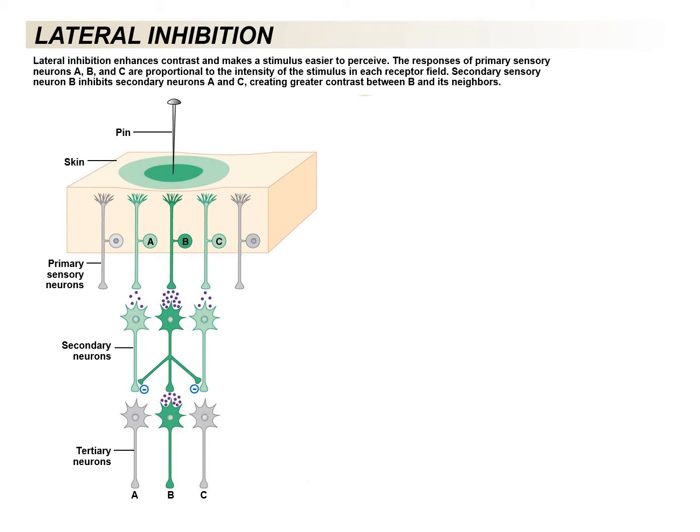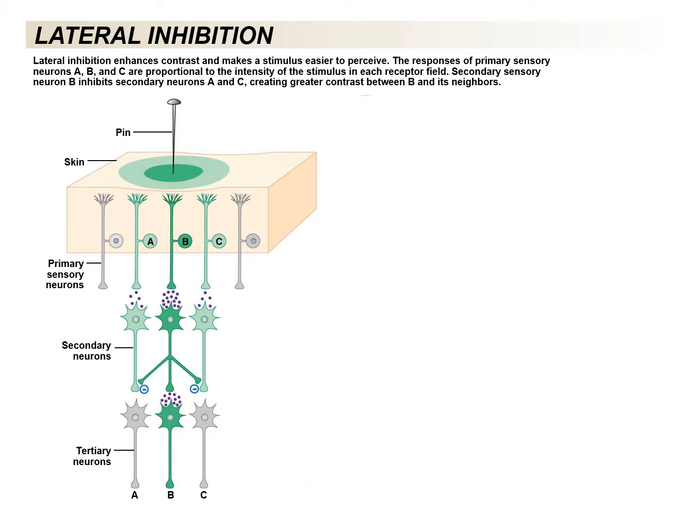And I will show you the architecture of the retina later on to illustrate that lateral inhibition. But in any case, that secondary neuron, its axon actually is divergent. It actually has multiple presynaptic neurons. And so while it may be signaling its tertiary neuron, it's also sending inhibitory signals to those secondary neurons adjacent to it.